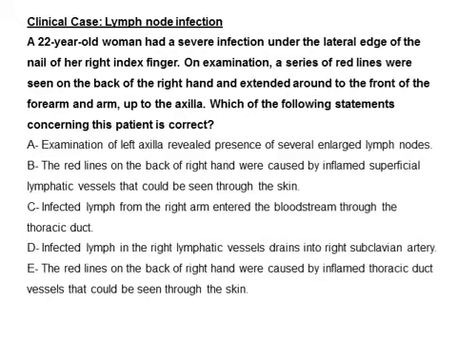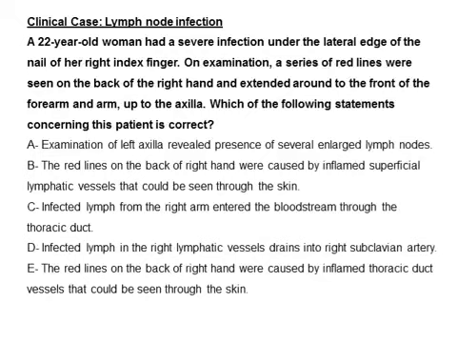The last choice, the red lines on the back of the right hand were caused by inflamed thoracic duct vessels that could be seen through the skin. No, it is caused by inflamed lymphatic vessels, not the thoracic duct, because the thoracic duct drains the left upper limb, not the right. And we have the condition here affecting the right.